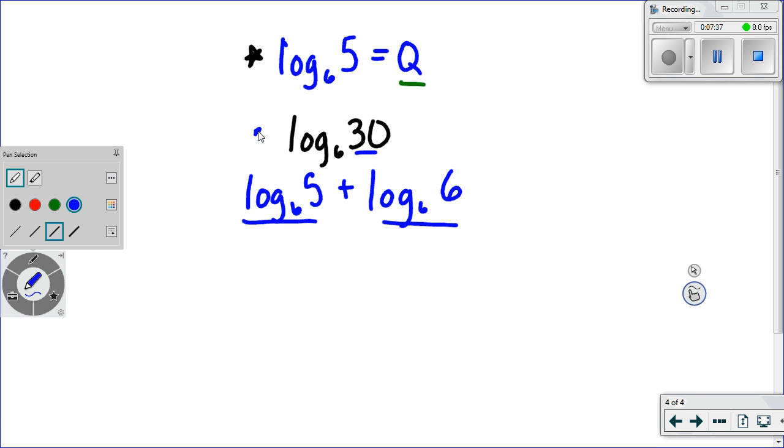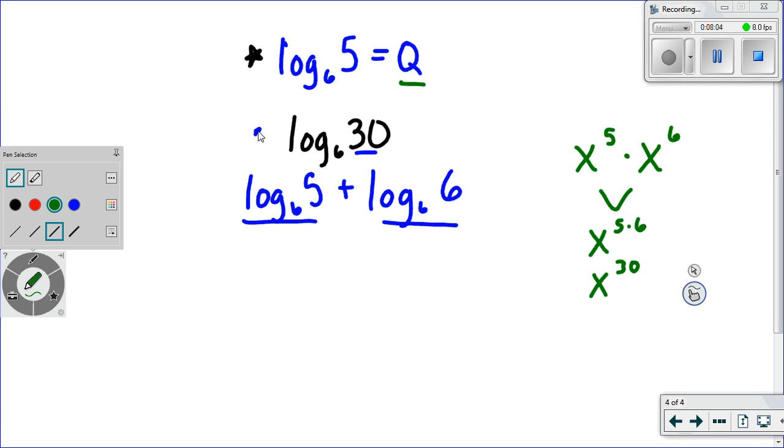So if we think back to our product property, if I have x to the 5th power times x to the 6th power, what do I have? I have x to the 5 times 6th power, or x to the 30th power, right?